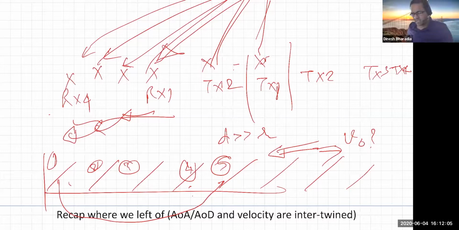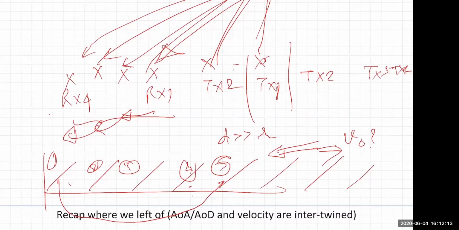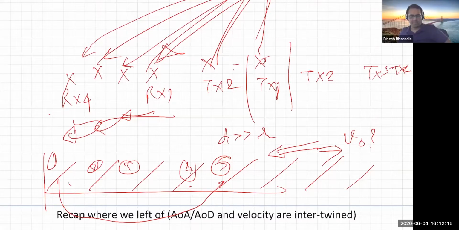All right. So this at least explains how to go about decoupling velocity in the AOA AOD model. To recap, the problem is that one equation decides the fate of two things, and that one equation is this one: sine theta tx prime is equal to sine theta x plus this term.